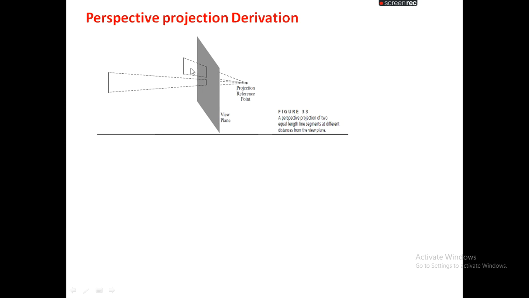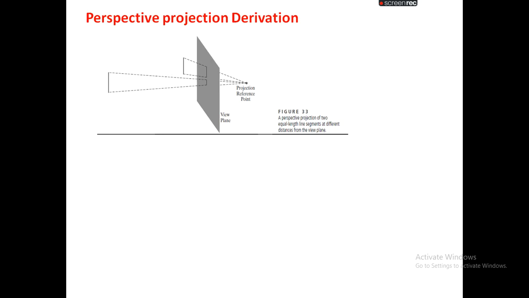If any object is nearest to the view plane, as I said in the previous video lecture, it looks larger, and whichever object is far away from the view plane looks much smaller. Both line segments are assumed to have the same size, but the distance between the projection plane and each line segment is different.